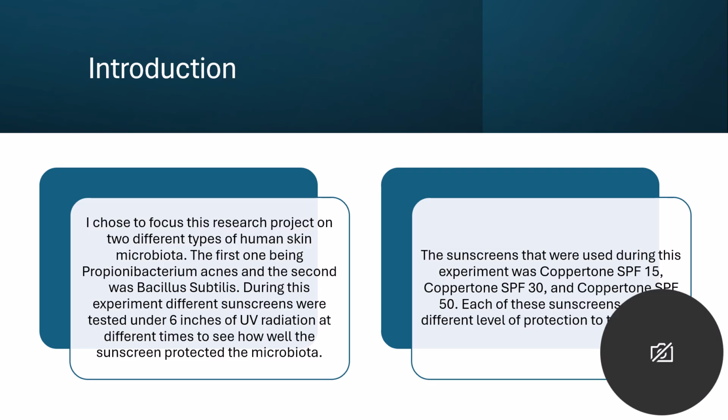The sunscreens that were used during the experiment were Coppertone SPF 15, Coppertone SPF 30, and Coppertone SPF 50. Each one of these sunscreens has different levels of protection, so we can see just about how long each one will last underneath the 6 inches of UV light.